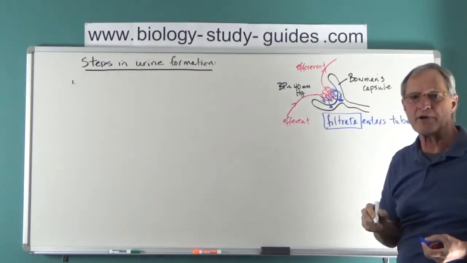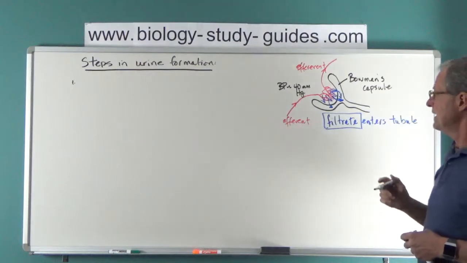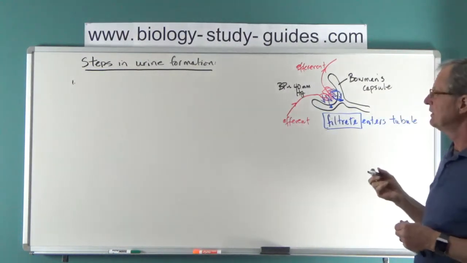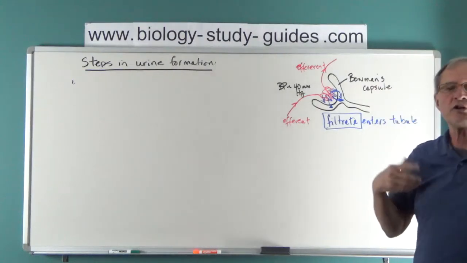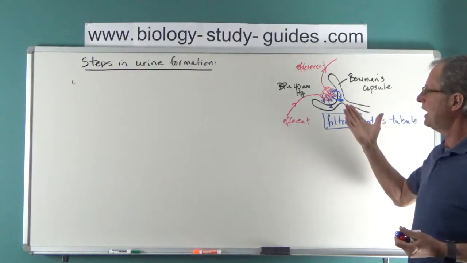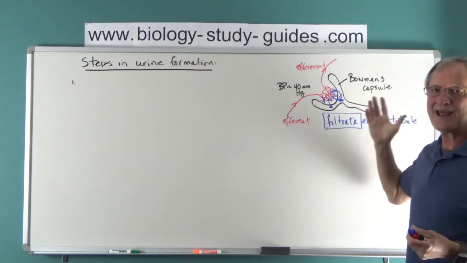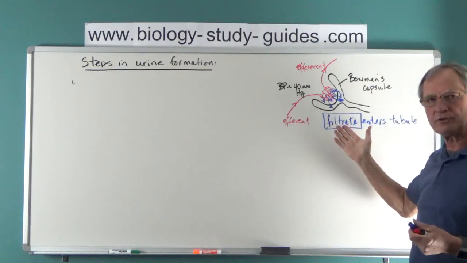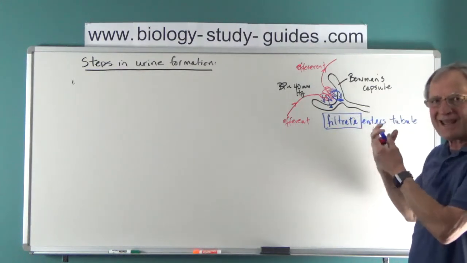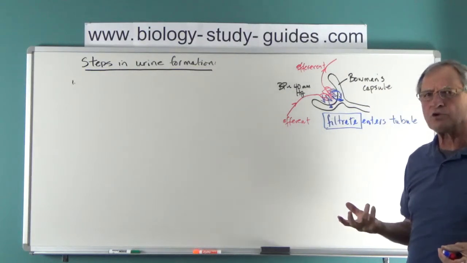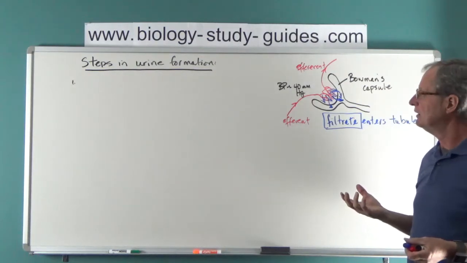But we have to examine exactly what's in the filtrate, because believe it or not, it's not all waste material. We have two kidneys, and if they're both fully functioning, they say that the kidneys filter about 180 liters of fluid every day. Well, our body only holds about 5 liters of blood.